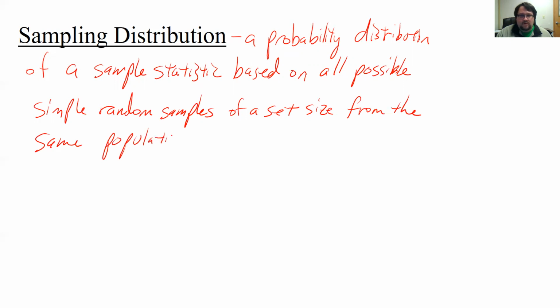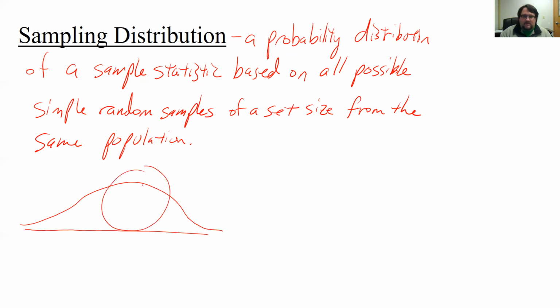Okay, so what is all of that talking about? Let me give you an example here. So we have some kind of population distribution of something. A lot of the population is centered in the middle, and then as we move away from there, you get fewer and fewer members of the population.